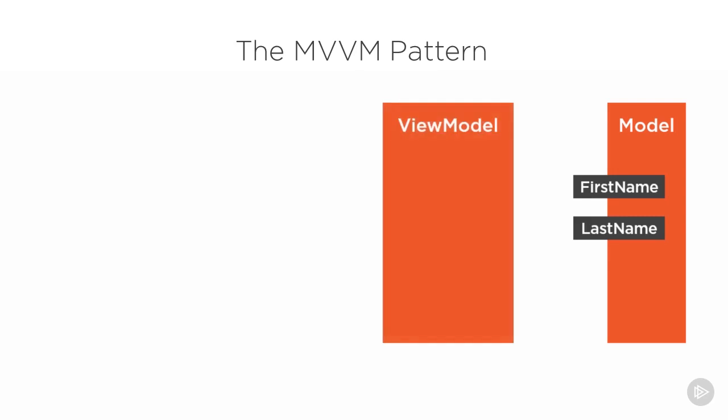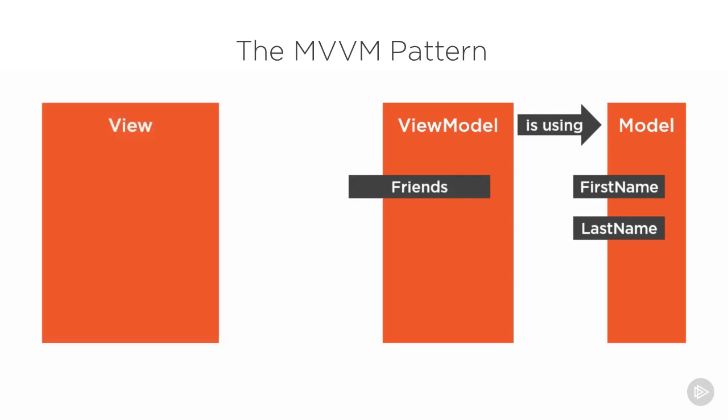You have a view model that is using that model. In the Friend Organizer application, the view model is using the data service that we have created in the previous clip to load the model. The view model's aim is to provide the data exactly in that way like it is required by the view. So for the Friend Organizer application, we will create a Friends property in the view model so that we can bind to that property from the view.